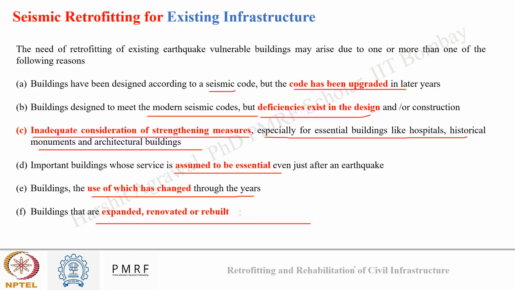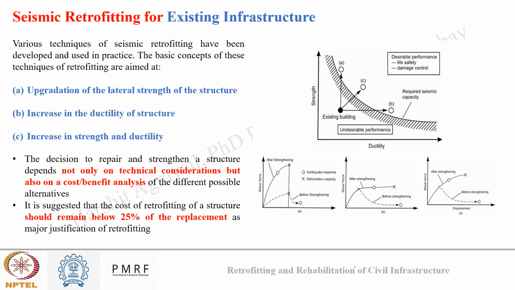For such structures, various techniques of retrofitting have been developed and used in practice for seismic damage control. The basic concept of these techniques is aimed at upgrading the lateral strength of the structure, or increasing the ductility of the structure, or increasing both strength and ductility.